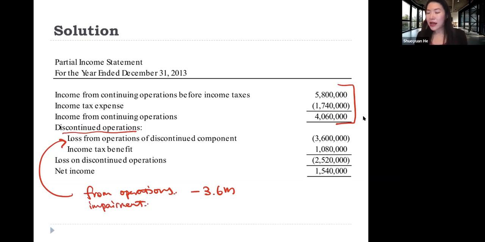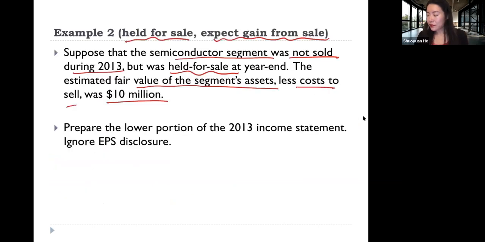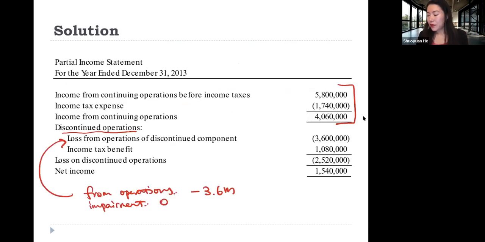So the answer is no. Why? Because the fair value minus cost to sell is 10 million and the book value is 8 million. So if we are going to dispose it, we're going to recognize a gain. And in this situation, we don't need to recognize impairment loss now. This is out of conservatism.